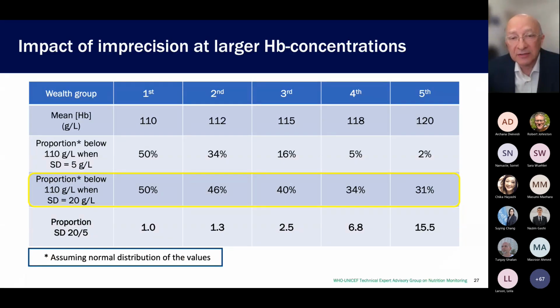But what happens if the method has a standard deviation of 20 grams per liter, which is usually what is happening in the actual use of the HemoQs in the field? Now the difference among the groups is reduced. Now it's only from 50 to 31%.